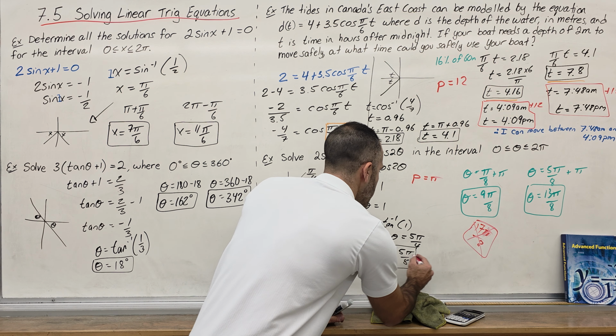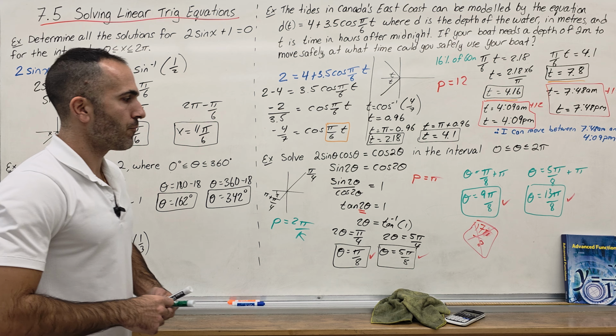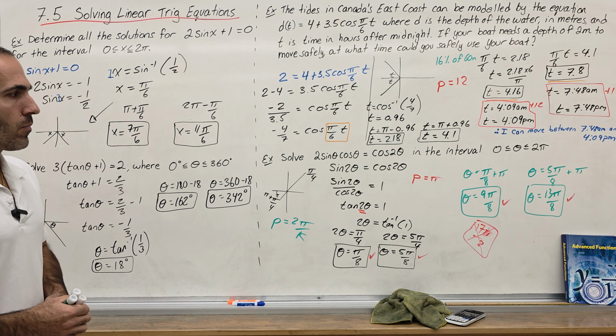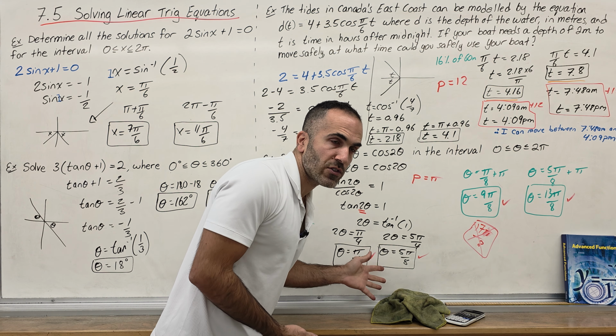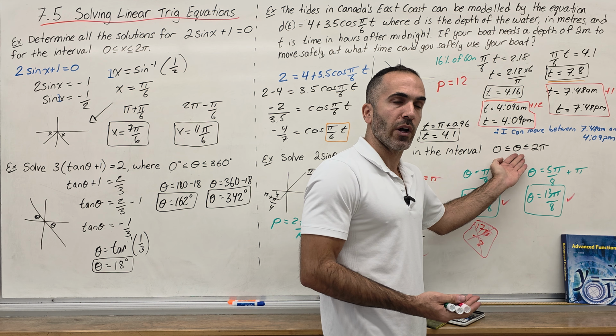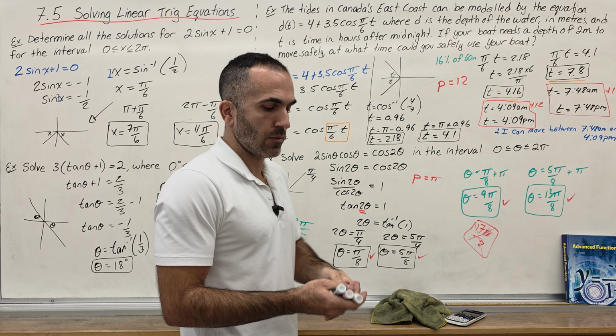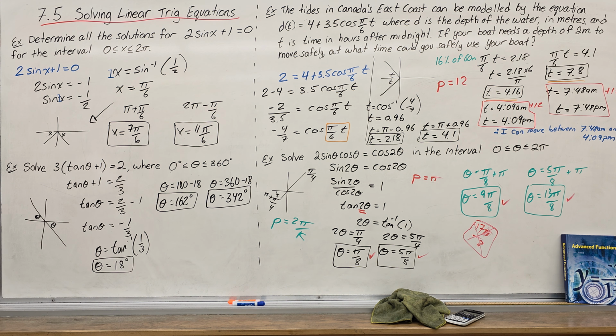So I got 1, 2, 3, 4 solutions. You shouldn't really make a mistake leaving out solutions because if you just always try to add a period to all of your solutions and you keep doing it until you're out of the range, you're right. It's an easy way to understand it. I know it's kind of messy because I didn't have much space on this board, but that is solving linear trig equations.